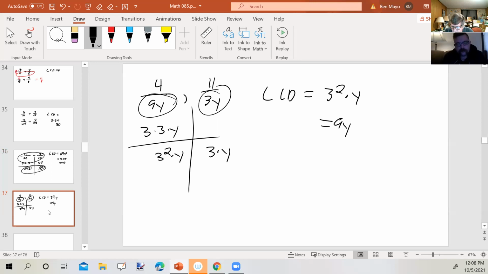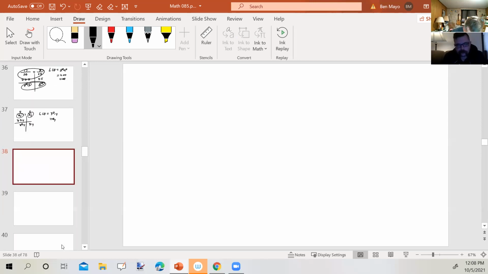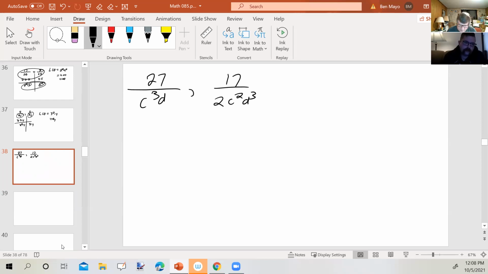Okay, so far? All right. 27 over c cubed d, 17 over 2c squared d cubed. So c cubed times d, 2 times c squared times d cubed, the LCD. I've got a 2, I've got c's, and I've got d's.